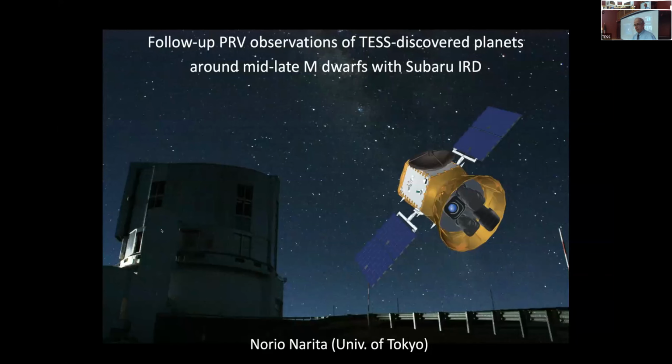There are more than 24 teams contributing to the mass measurements that allowed us to meet our level 1 requirement of more than 50 masses of planets smaller than 4 Earth radii. And now that the first extended mission has just about doubled that, I think 99 or 100 masses are now in the public domain.